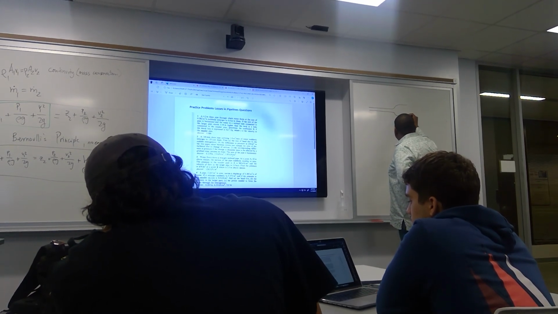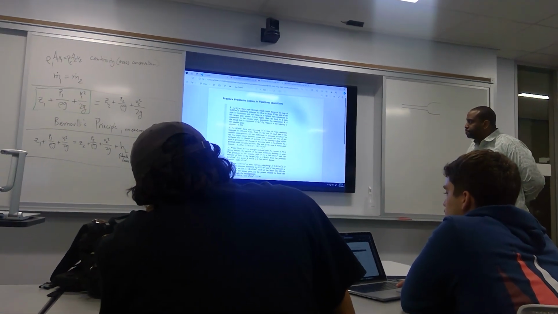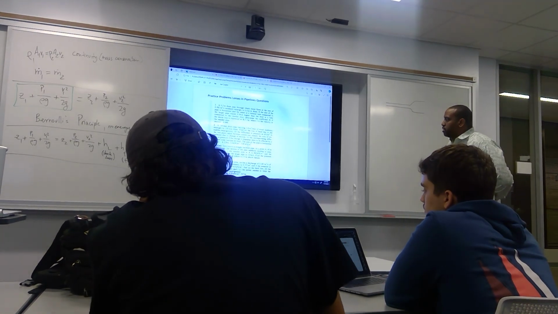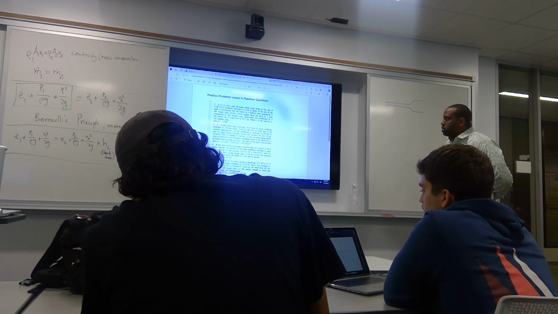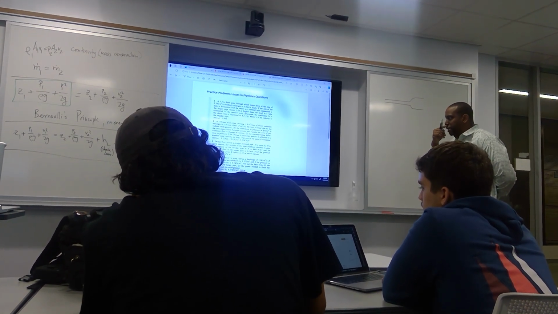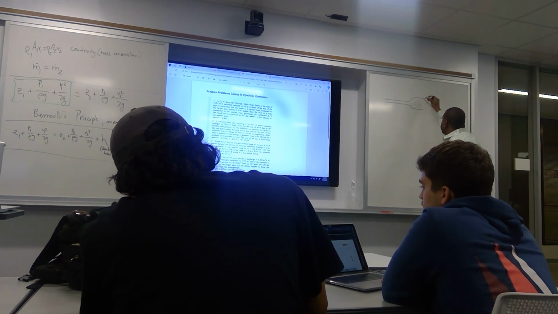They ask us to find the loss of head due to the sudden enlargement, and the difference in pressure in the two pipes, taken between points just outside the area of the disturbance.